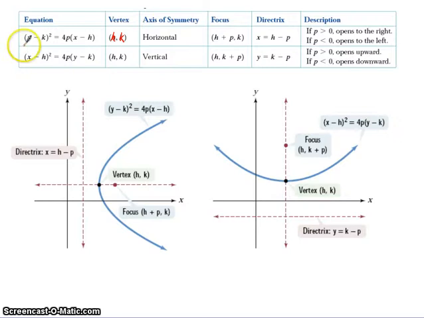So if we're dealing with a parabola that is on its side, we have a horizontal axis of symmetry, we're dealing with a parabola that has a y squared in it. If we're dealing with a parabola that has an axis of symmetry which is vertical, that means that the parabola is either faced up or down, and we're dealing with a parabola that has the x squared in it.